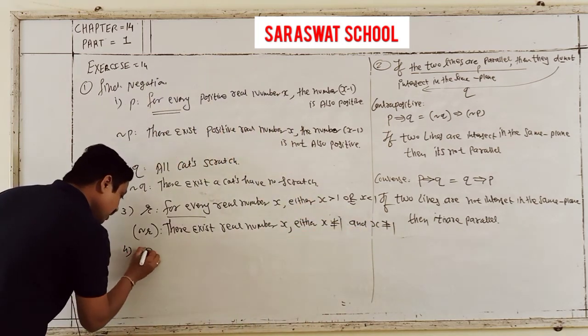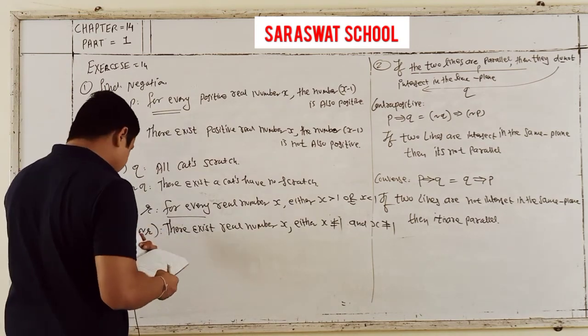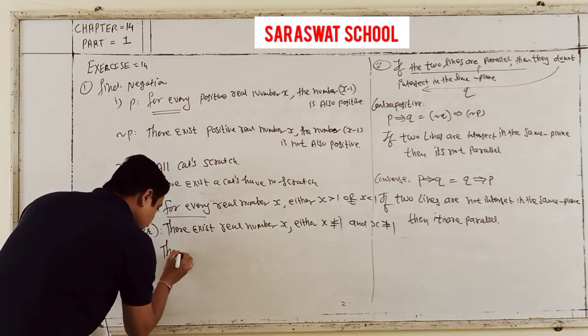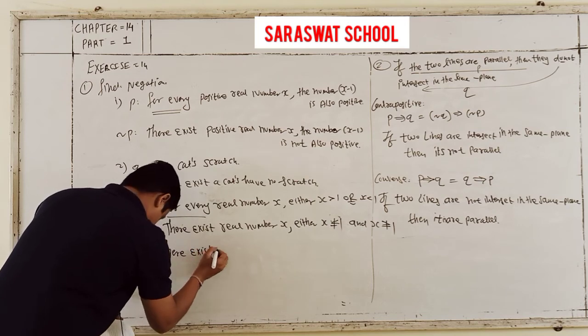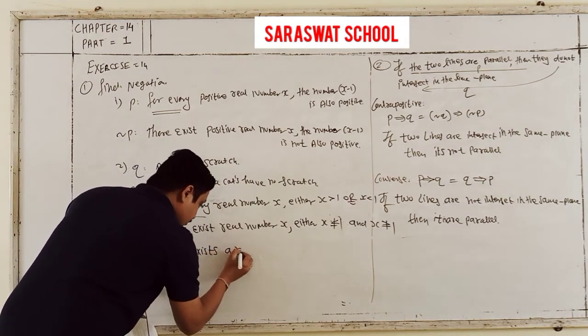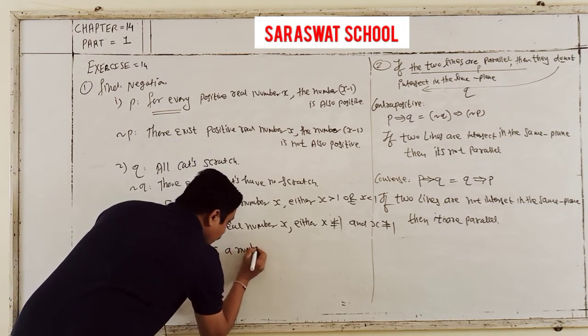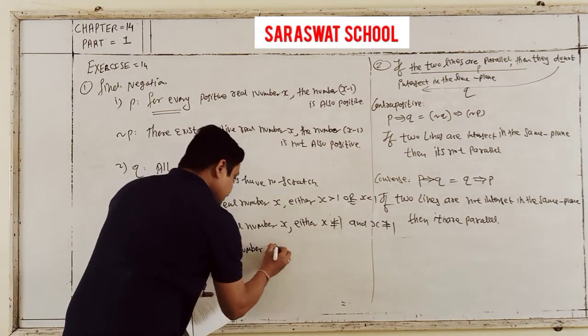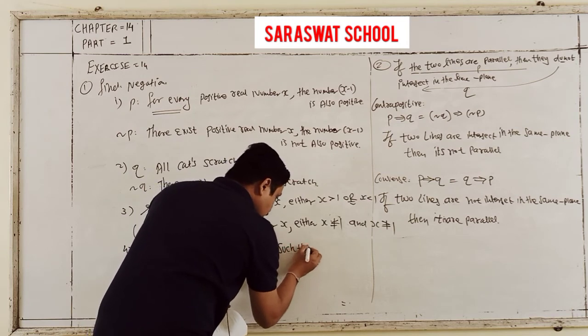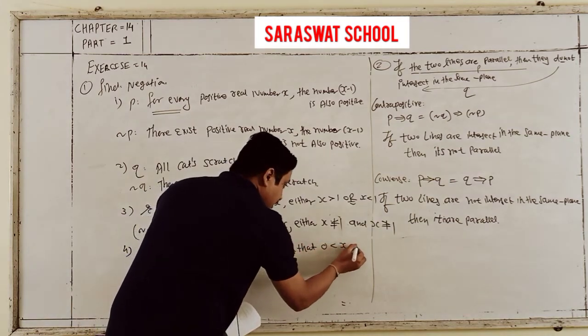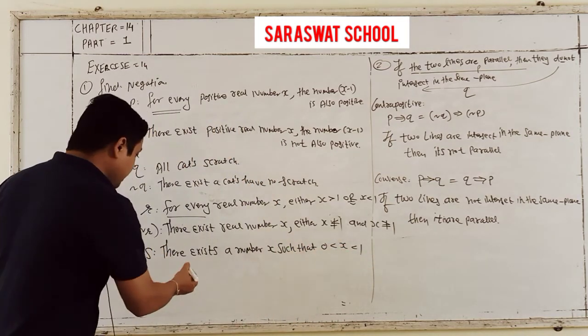Continue with the fourth, S. My fourth S is given: there exists a number x such that 0 less than x less than 1. Students, here also there exists.